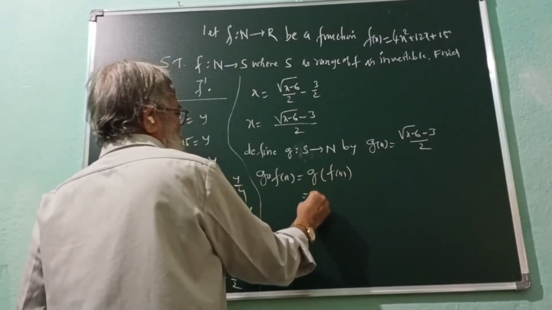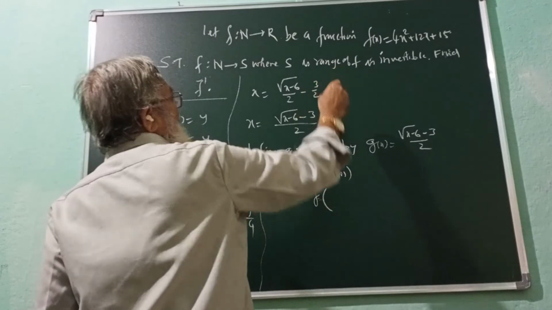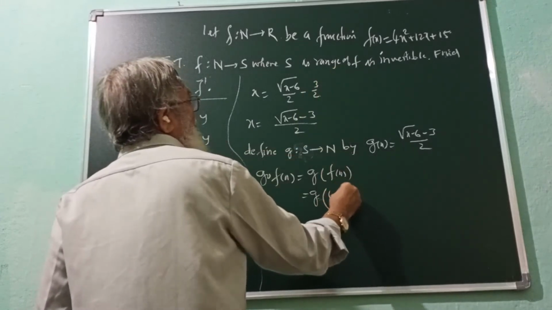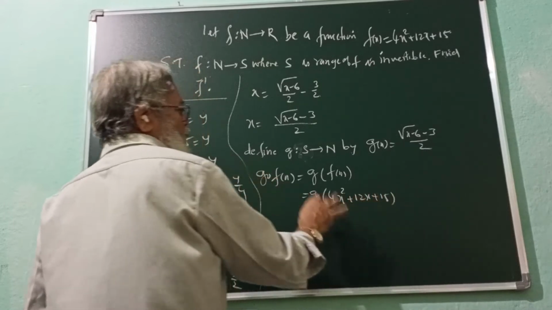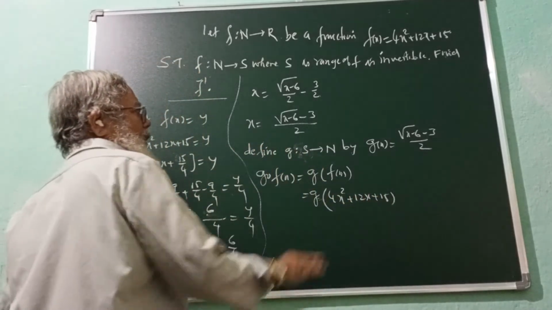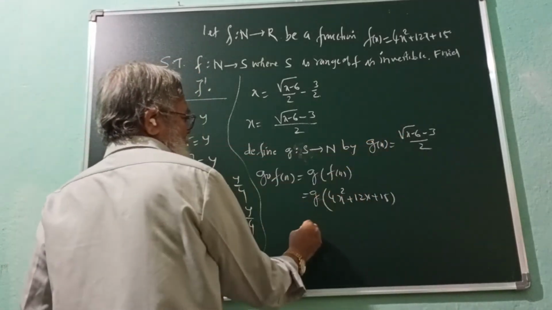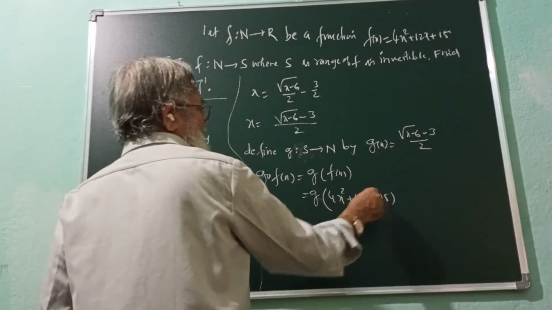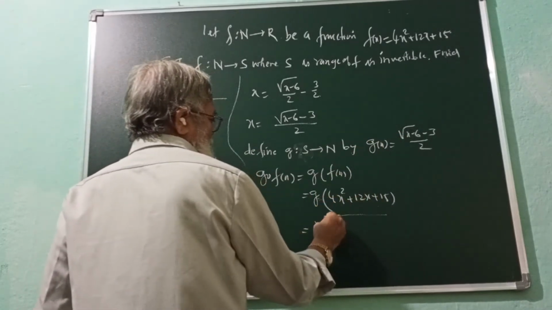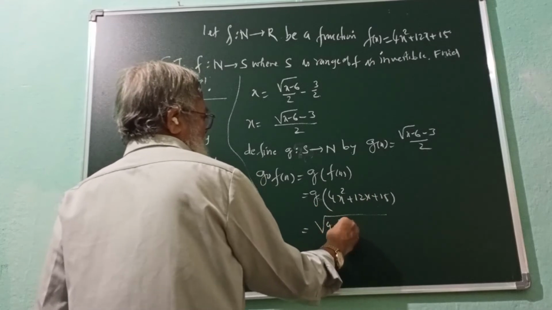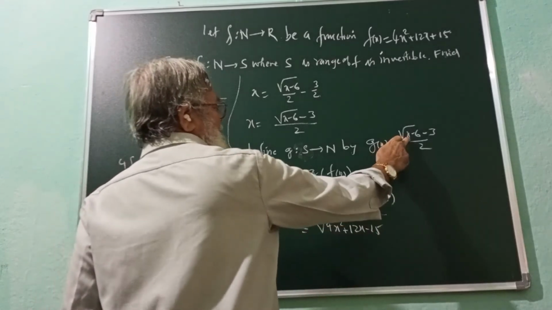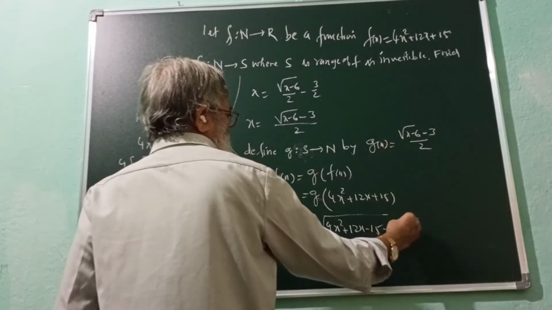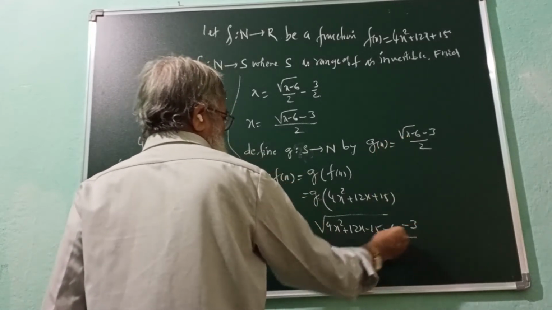f of x is given, that is 4x square plus 12x plus 15. In place of x we have to apply g for that. So g means here, totally x here: under root 4x square plus 12x minus 15 in place of x minus 6, and outside the root it will be 3 divided by 2.